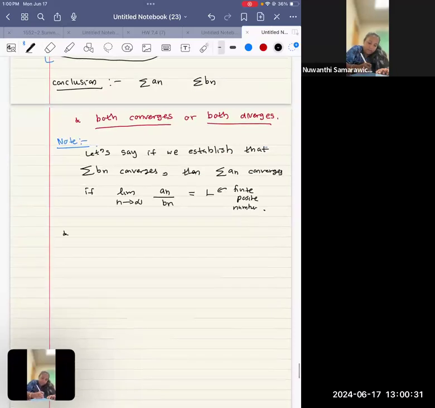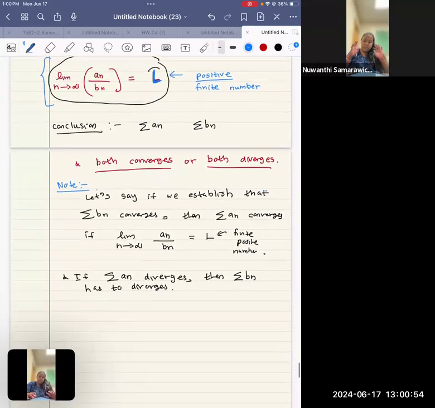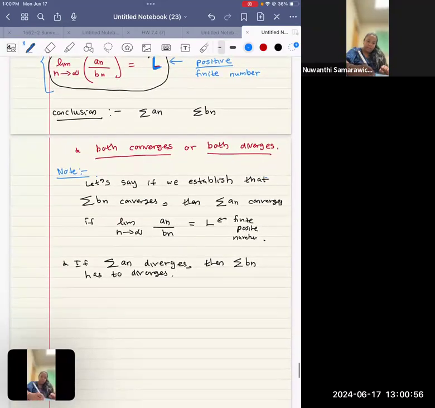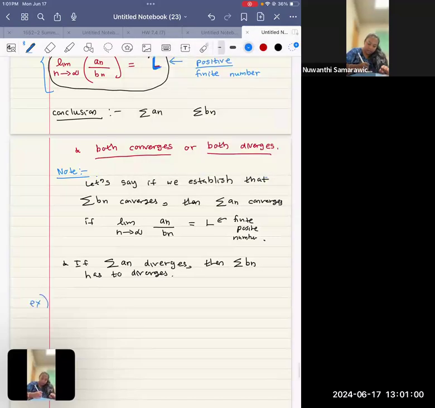If b sub n diverges, then the series a sub n has to diverge as well. So just write the note, then we'll understand this by an example.